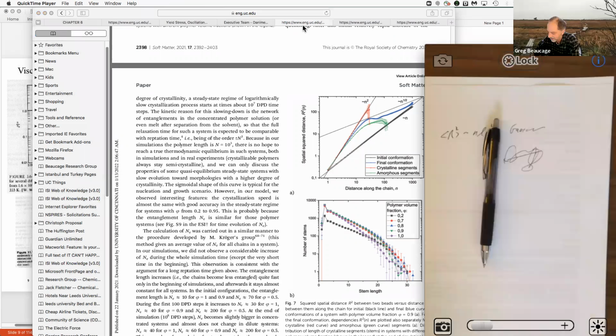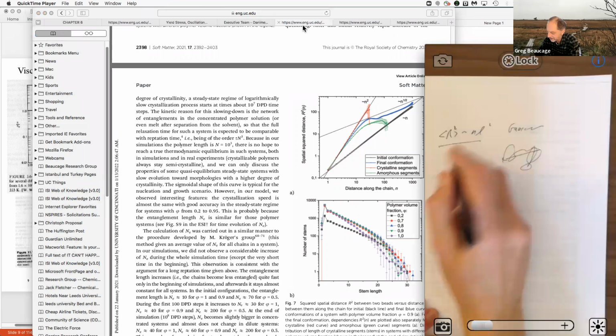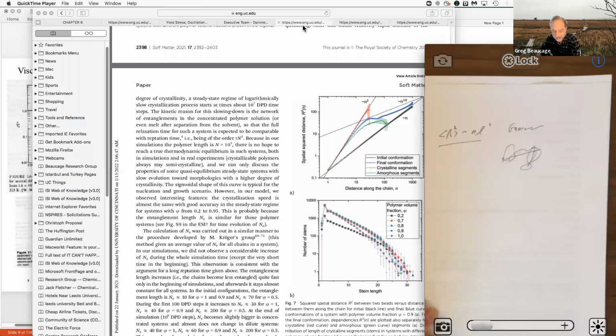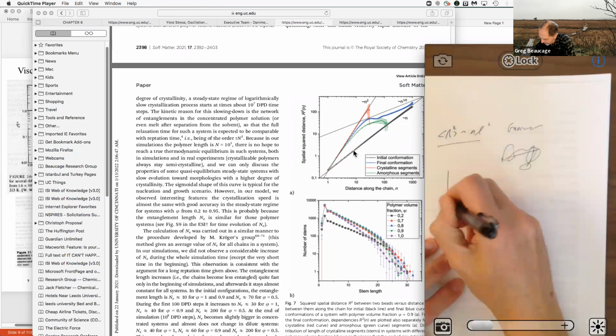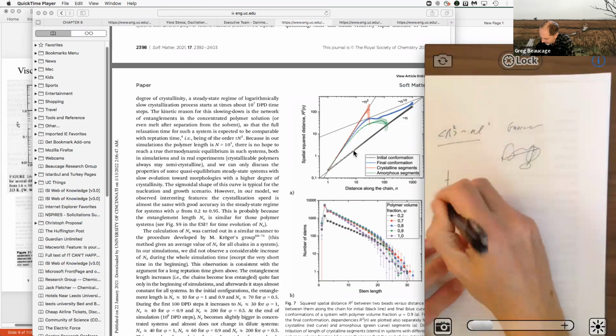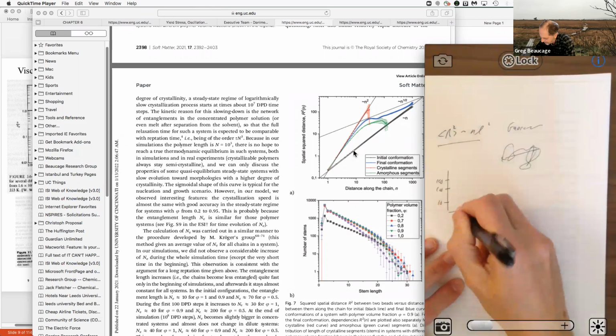Okay, so this equation is just the Gaussian chain equation, right? So he's got plotted r squared versus n, so that would give you a straight line, right? R squared is proportional to n, so you get a straight line. The slope of this is 1, so it's n to the 1 power. It's on a log scale, so you can take decades: 10, 100, 1,000, and then 10, 100, 1,000.